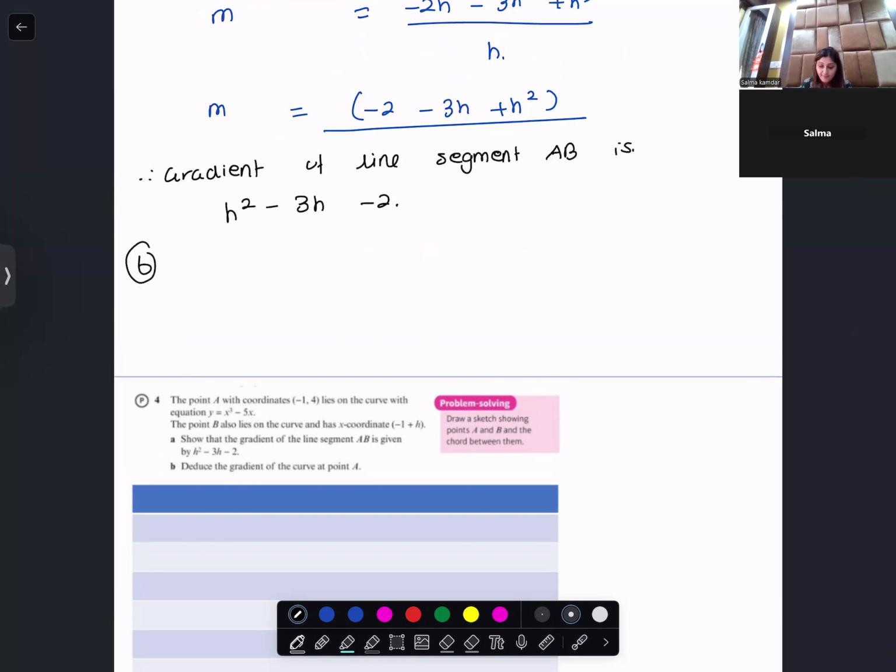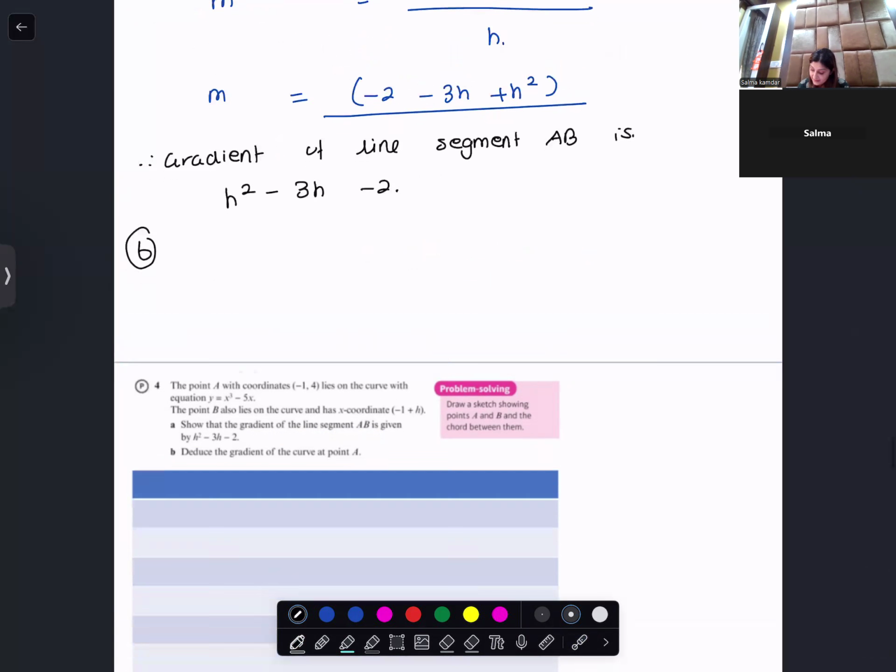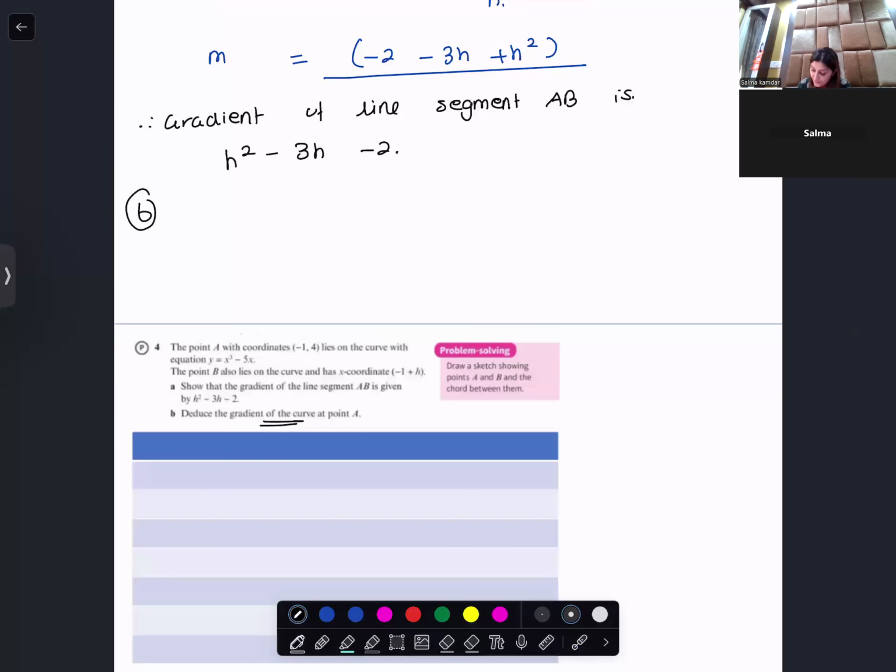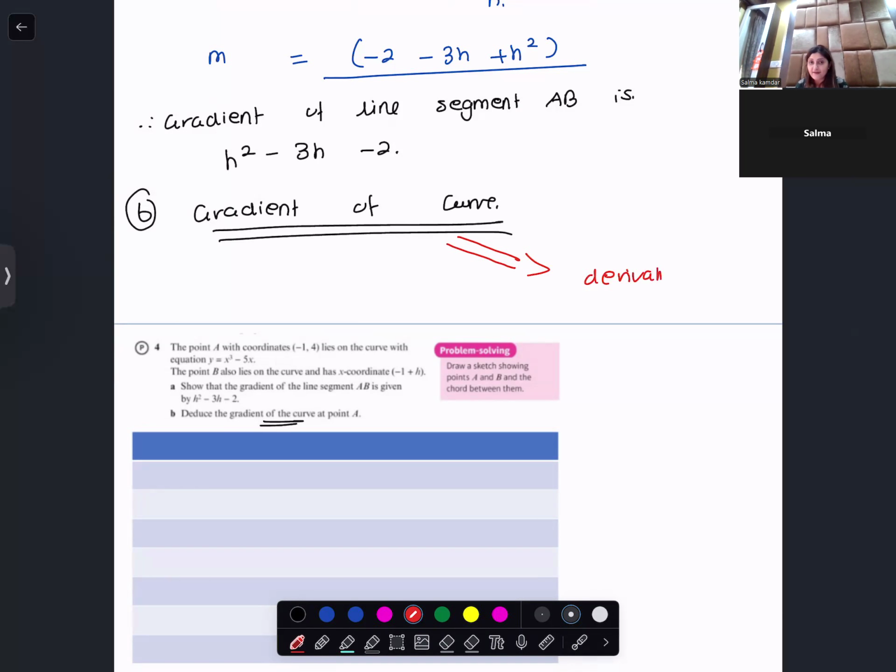Now the B part says deduce the gradient of the curve. Deduce means find the gradient of the curve at point A. Now I know that the gradient of the curve at any given point would be the derivative of the equation of the curve.